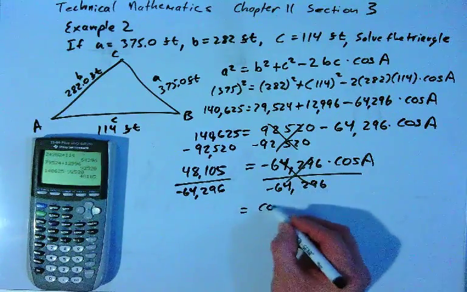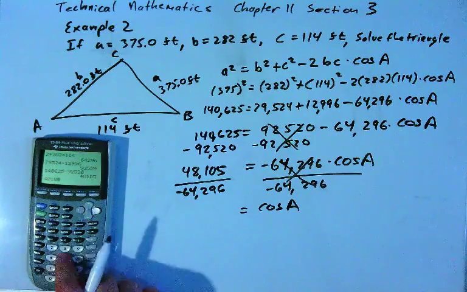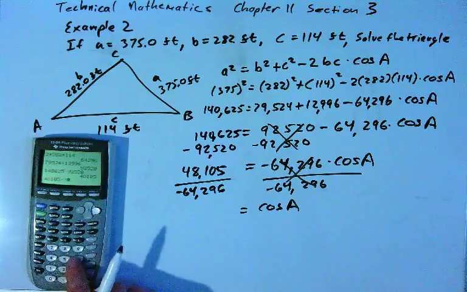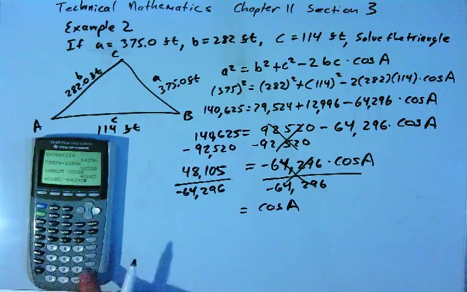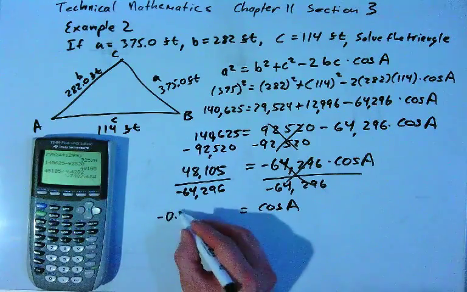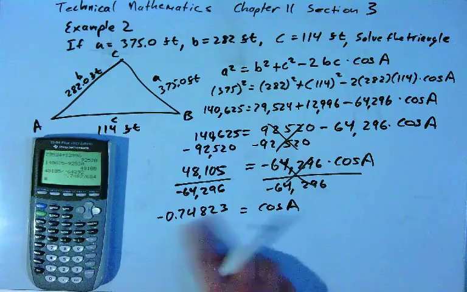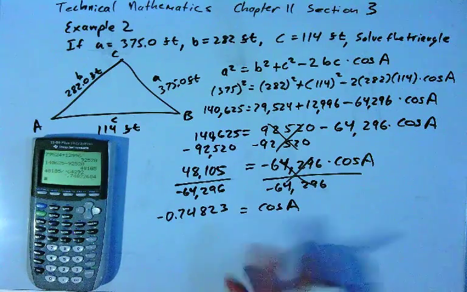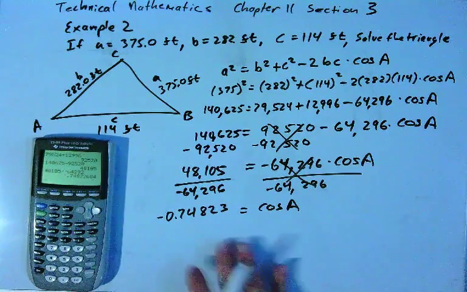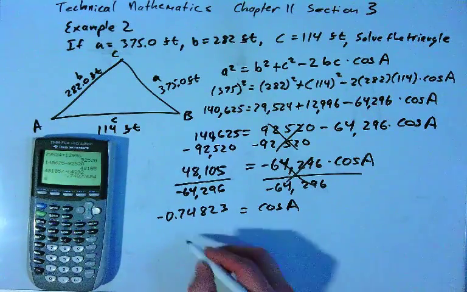Cancel over here. We're left with cosine A equals, and so we've got 48,105 divided by negative 64,296, and we get negative 0.74823. And so the more decimal points I carry until the final answer, the better, in my opinion. And so now to solve for A, I need to take the inverse cosine of both sides.